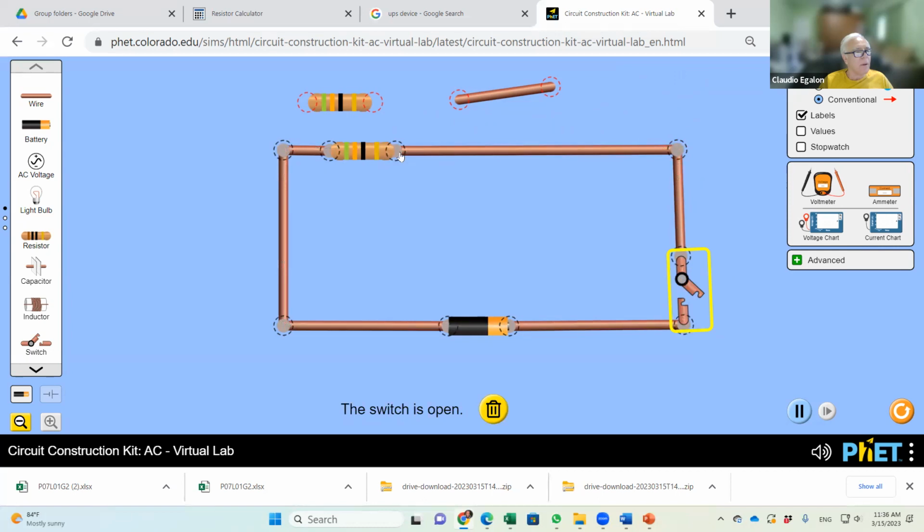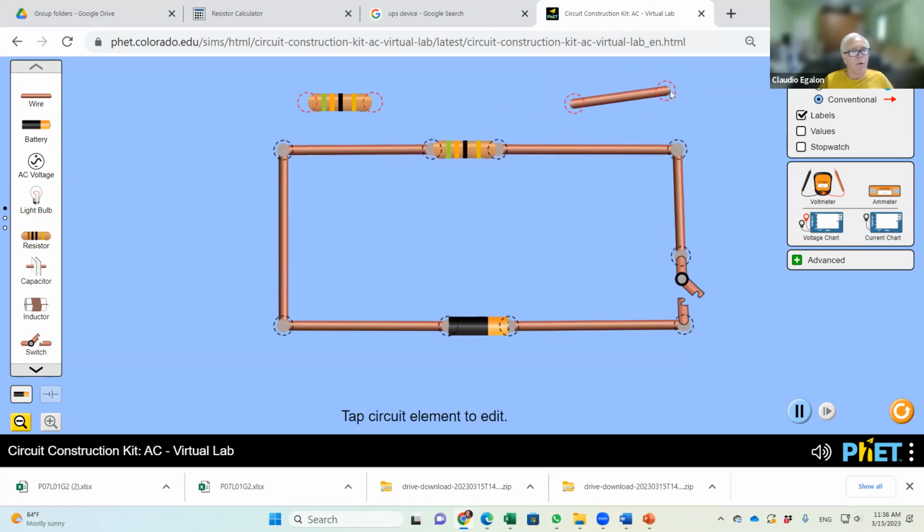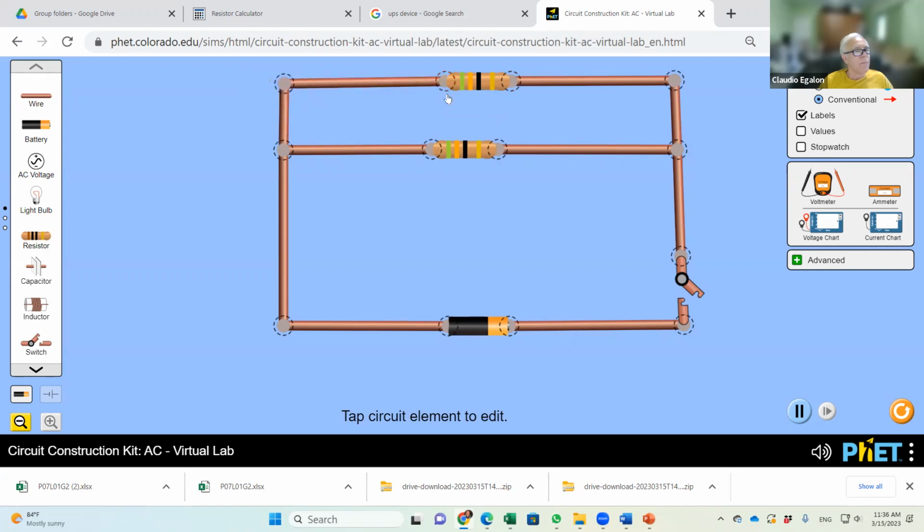Open it. And I'm going to connect those two resistors in parallel. Okay, those are in parallel now.